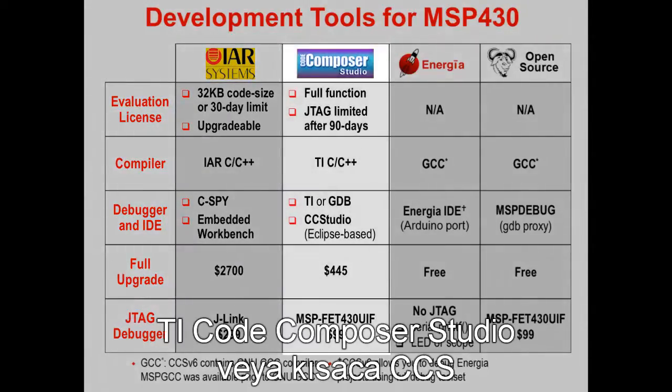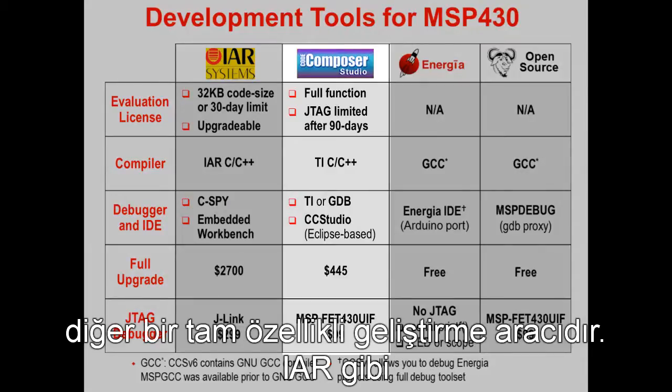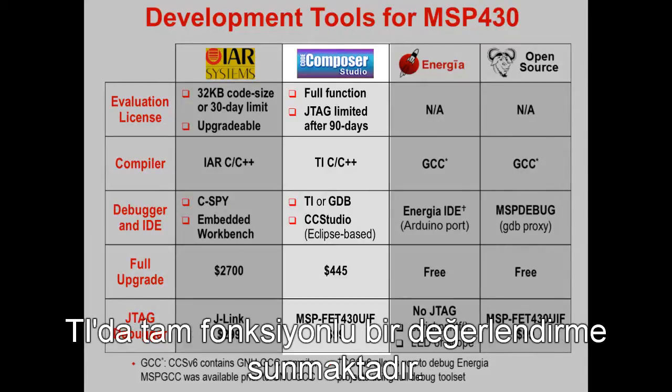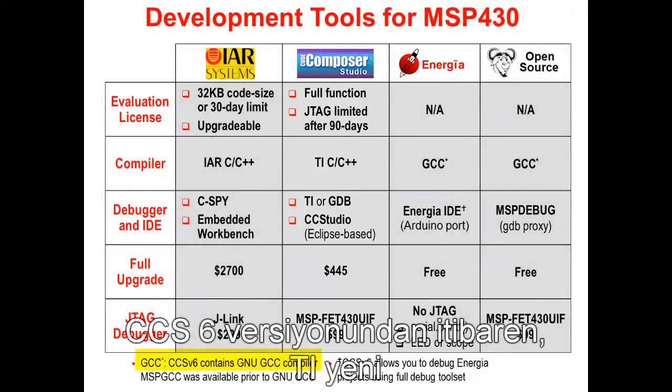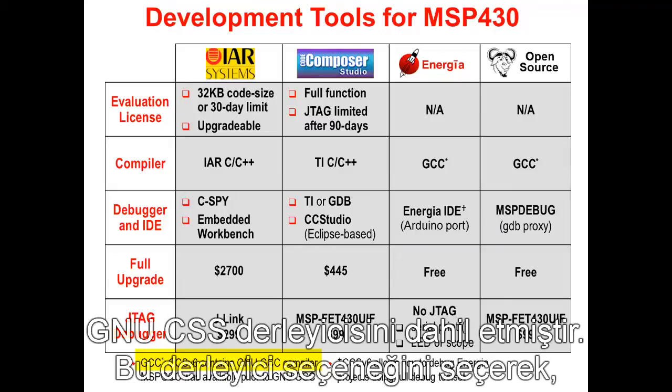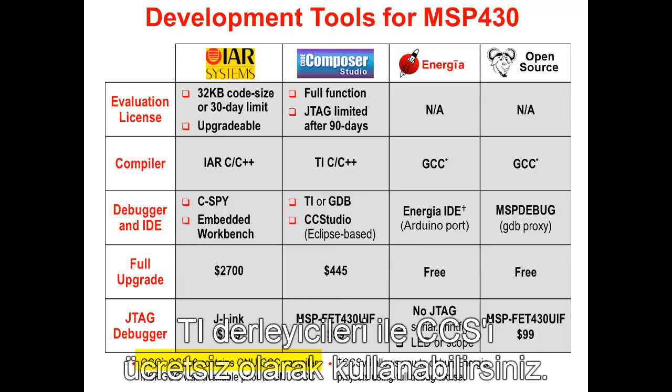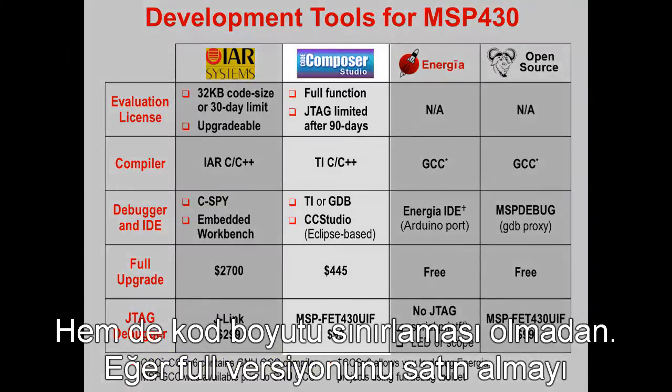TI's Code Composer Studio, or CCS for short, is another full-featured development suite. Like IAR, TI provides a full function evaluation of their tool set. Starting with CCS version 6, though, TI now includes the new GNU GCC compiler. When selecting this compiler option, rather than the TI compiler, you can use CCS for free and without code size limitations.